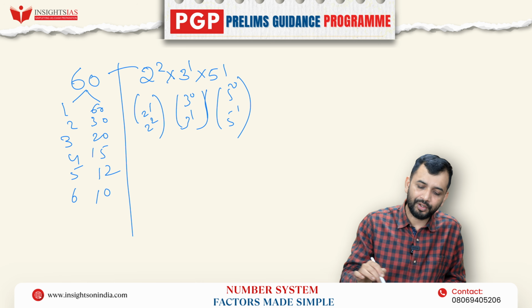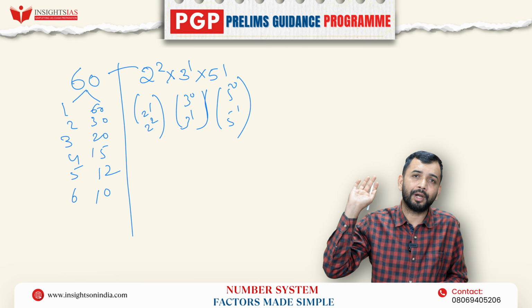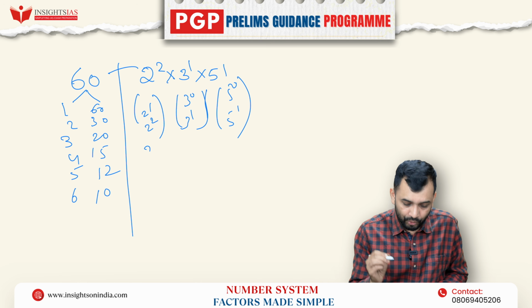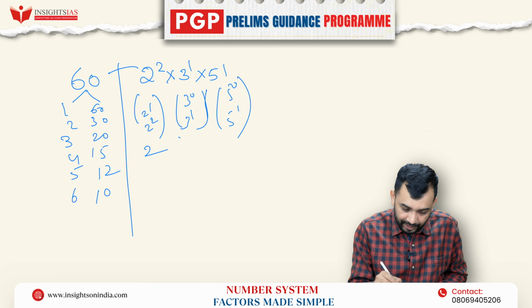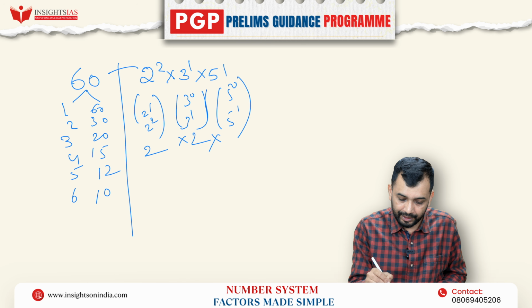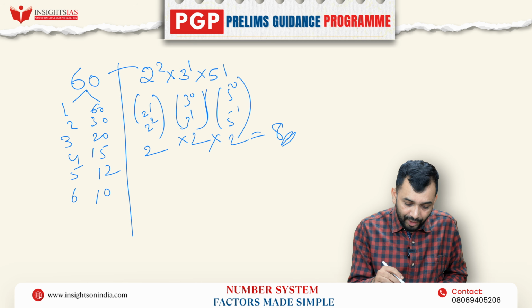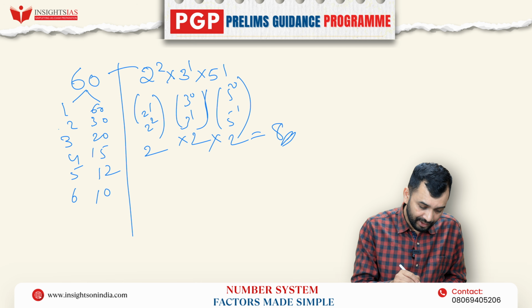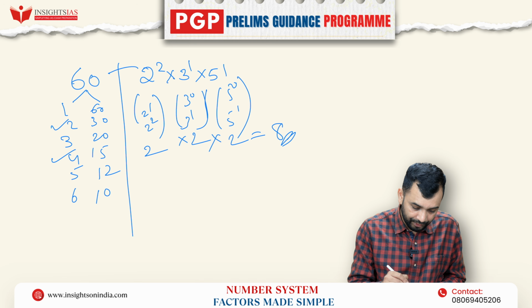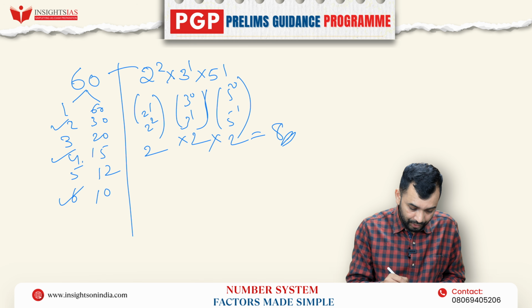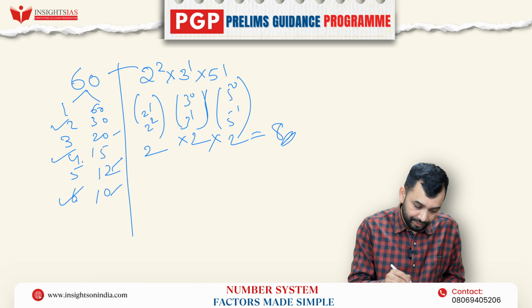If I keep 1 as even, irrespective of the other numbers, the answer will be even. So here there are 2 numbers, here again 2 numbers, here 2 numbers. So there are 8 numbers which are even, that is 1, 2, 3, 4, 5, 6, 7, 8.